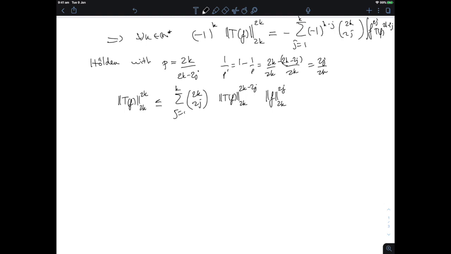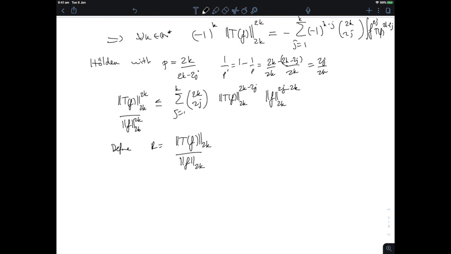Great. Now what I'm going to do is divide both sides by the L^{2k} norm of f raised to the power 2k. Such that if I define R to be this ratio, the norm of T f in L^{2k} divided by the norm of f in L^{2k}, then what do I get?